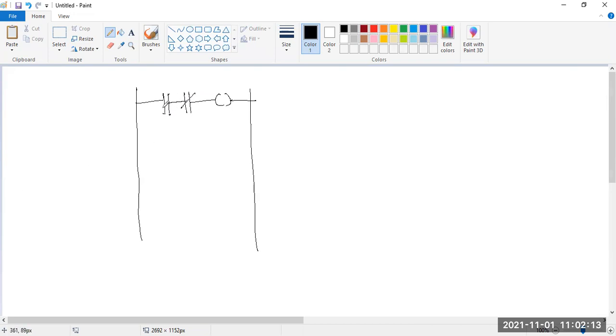So you can see this is the hot rail. This is the neutral rail. This is the input on switch. This is the input off switch, and this is your indicator.